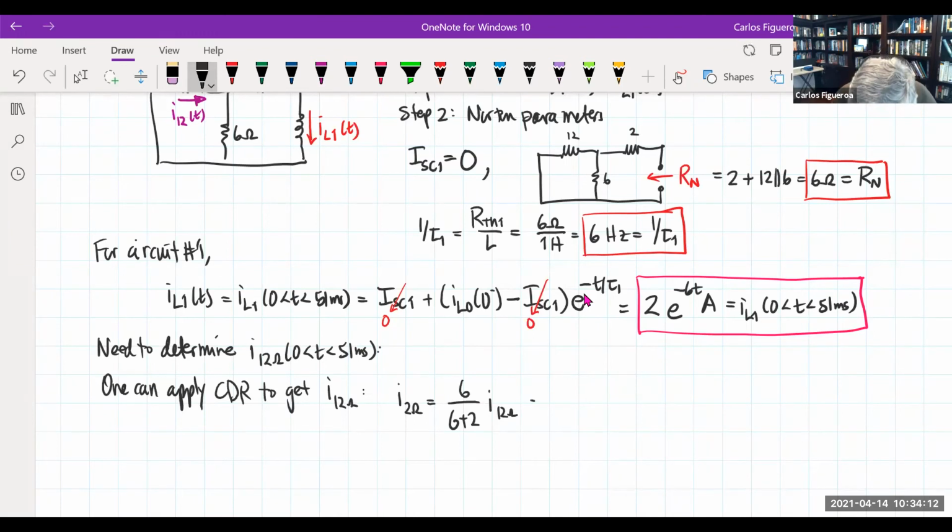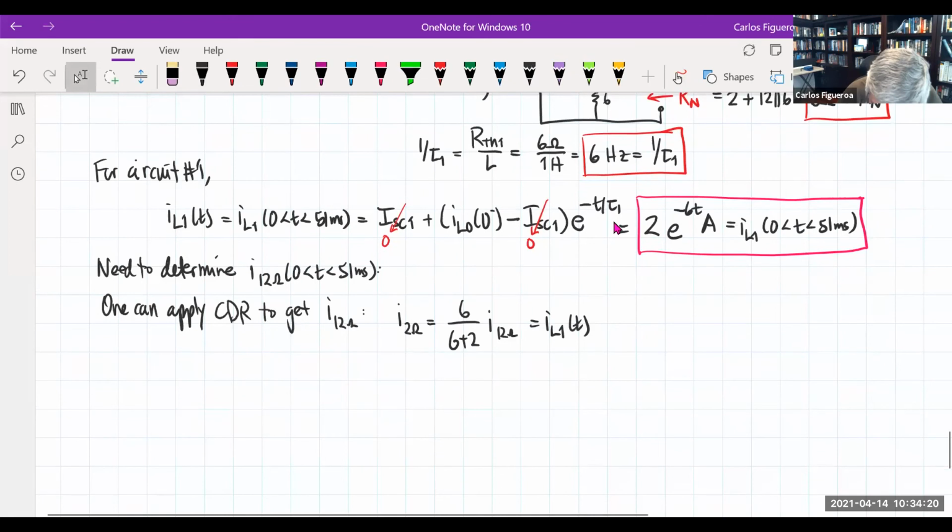But that 2 is going to be IL1 of T. So now I can reverse engineer this, and this is going to be 8 divided by 6, which will give me 3 over 2 times this here.